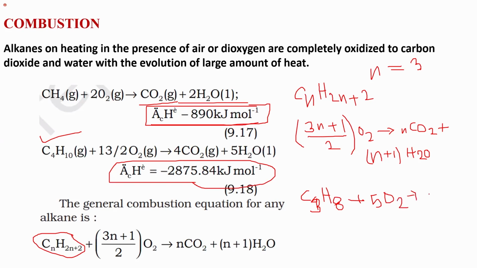And how much carbon dioxide? Total 3 carbon dioxide, in bracket as a gas molecule, plus what it is generating: 3 plus 1 means 4 water molecules. Water is the liquid, so in the bracket you write liquid.